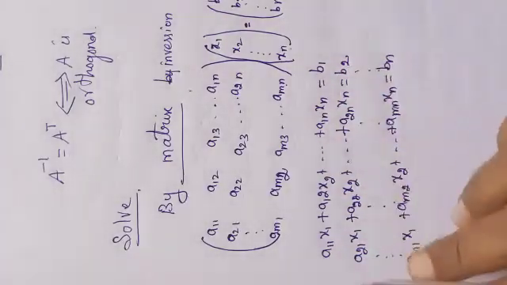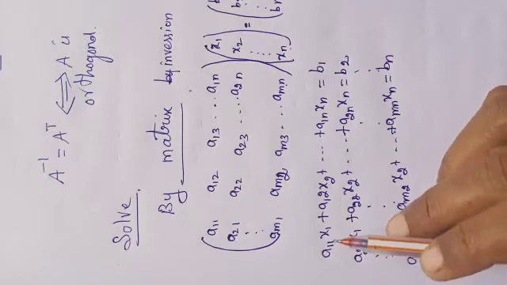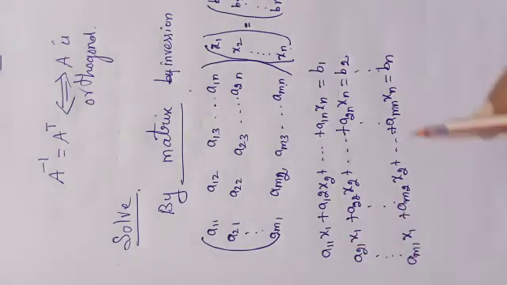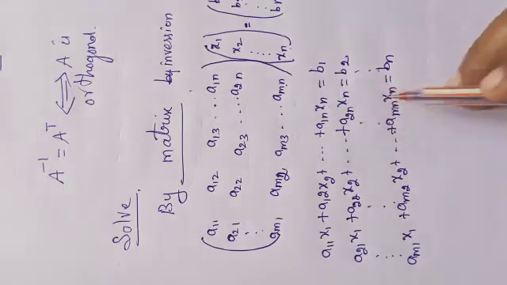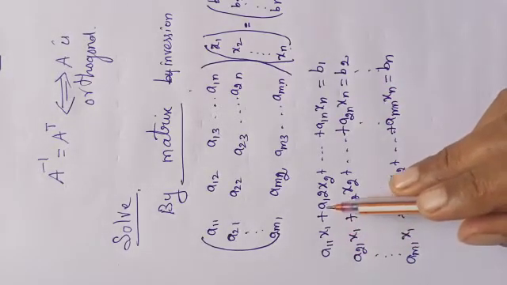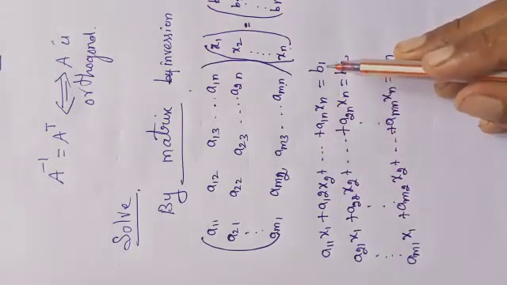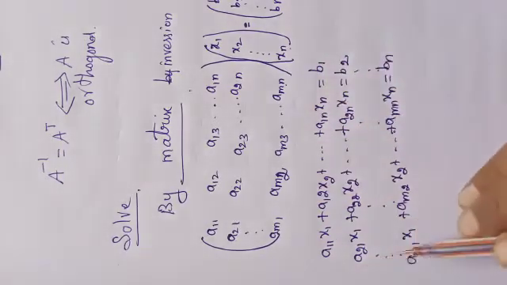This will be the general equation. It may have any number of variables and equations. Here I have written with n variables: A11 into x1 plus A12 into x2, etc., A1n into xn equal to b1. This is the form of the equation, isn't it?